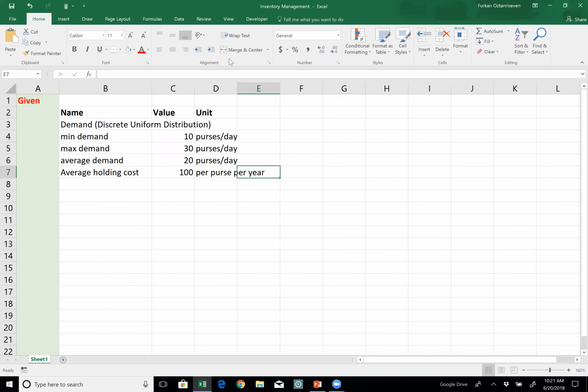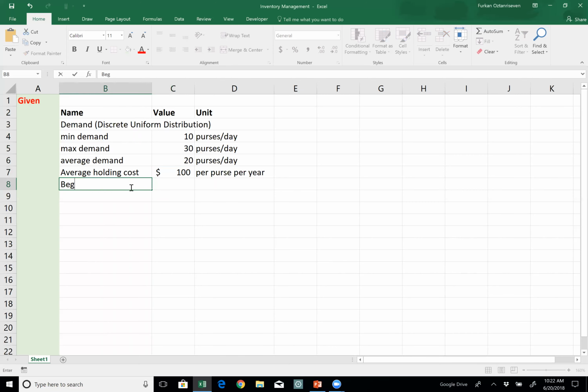So this means that if I keep a purse in my inventory for the entire year, it would cost me $100. Why? Again, I could spend that money for another project that I have in my company, or invest in stocks, or mutual funds, or bonds, and generate money out of it. So there is some kind of opportunity cost, and we quantify here that value as $100 per year.